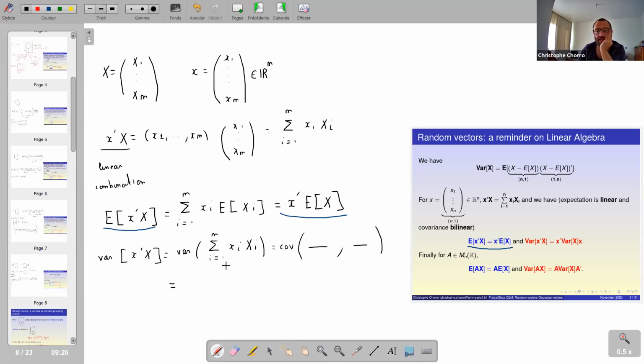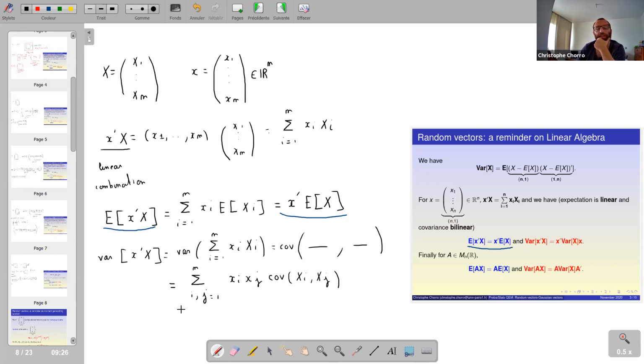And if I do this, I know from the properties of the variance that it is a quadratic form, so here I obtain a double sum for i and j from 1 to n of what? Of x i x j, the covariance between xi and xj.